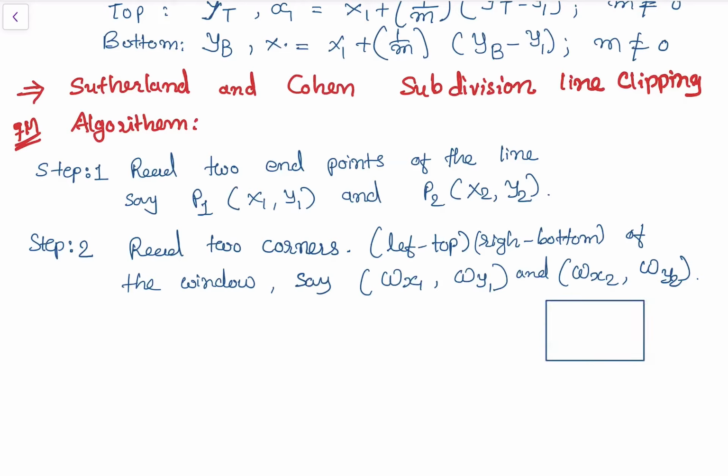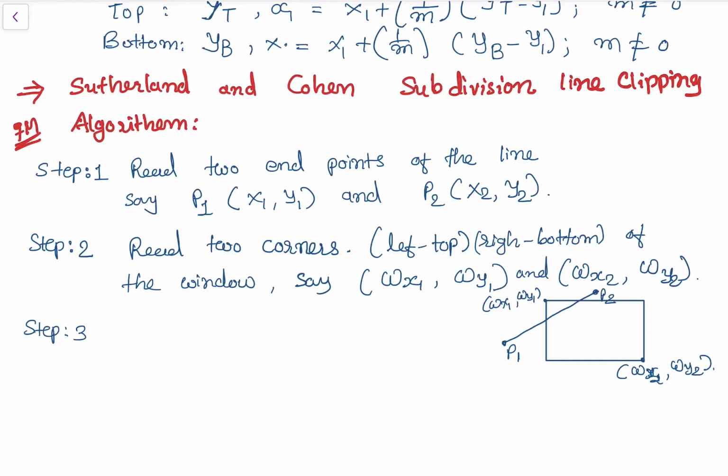From this window, this is our point P1 and this is our point P2, and this point will be wx1, wy1, and this point will be wx2 and wy2, right.